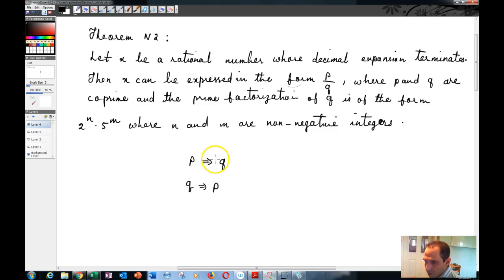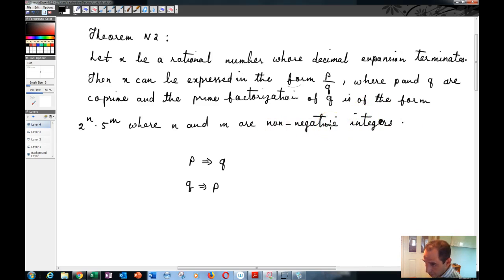If I take this whole theorem as P implies Q, is it also true that Q implies P, meaning that if I have the whole situation over here where the rational number can be expressed in the form p by q, and p and q are coprime, and the prime factorization of q is in this form, 2 raised to the power n times 5 raised to the power m, where n and m are non-negative integers.